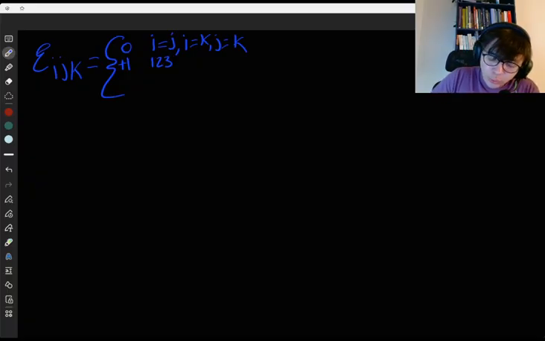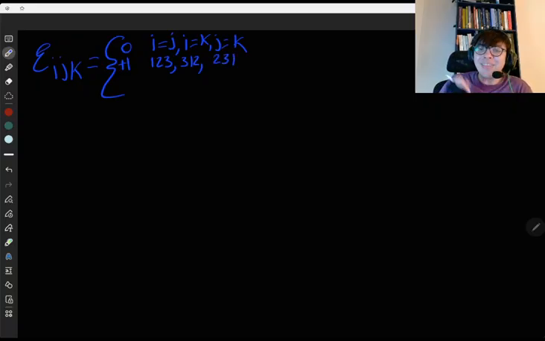Then I just push everything to the right. The 3 wraps around and takes the 1 spot, the 1 takes the 2 spot, and the 2 takes the 3 spot. Then I do it again, and I get 2, 3, 1. And then I have a situation where it gets a negative 1.